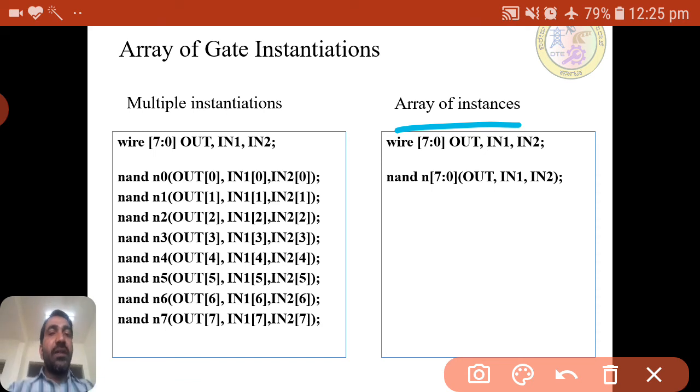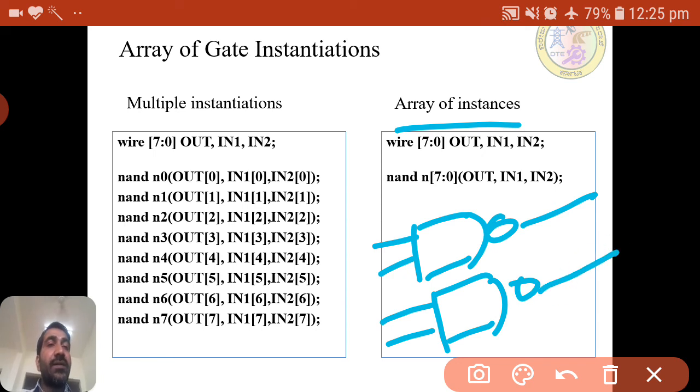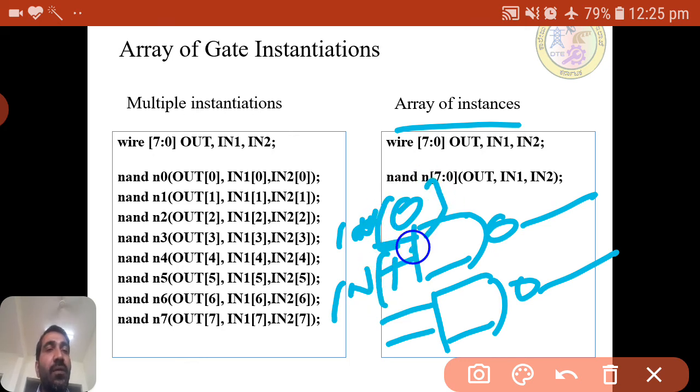Suppose I want to do the AND operation for a series of multiple values. In that case, for example, this is a NAND gate and this is one more NAND gate. So we are assigning vector values, that is, in the bracket, in of 0, in of 1, and here in of 2.